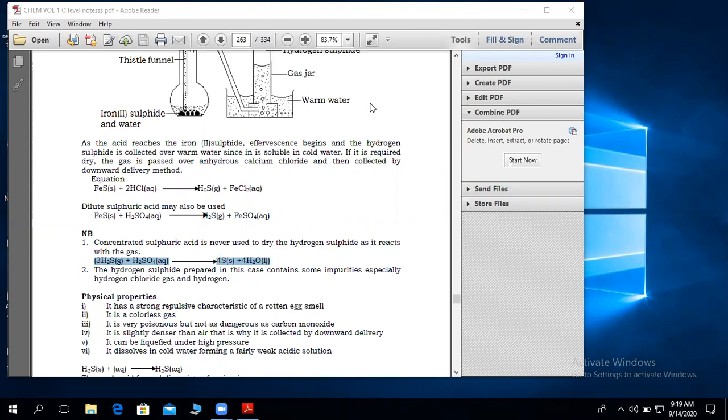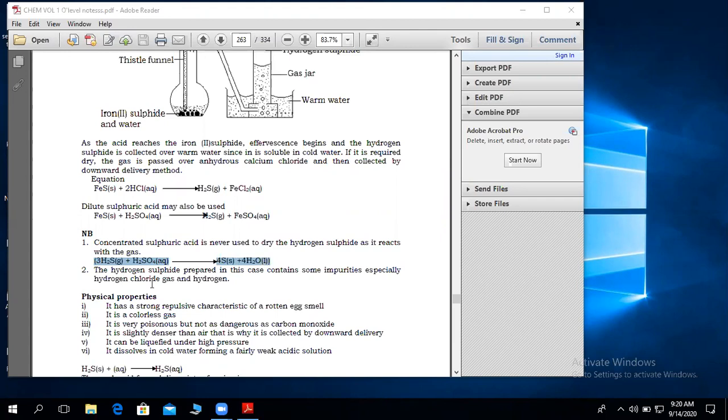Iron 2 sulfide can be obtained by heating a mixture of iron and sulfur. And again, we are saying hydrogen sulfide gas should not be dried by concentrated sulfuric acid, because concentrated sulfuric acid reacts with hydrogen sulfide gas, forming sulfur and water.